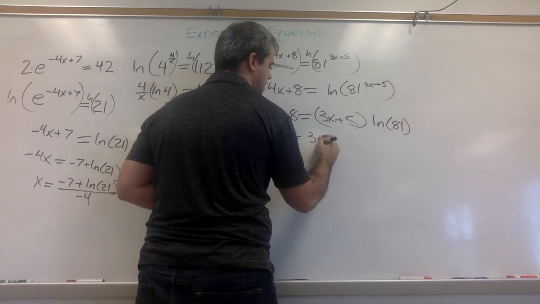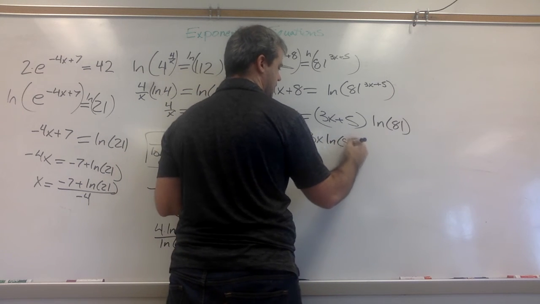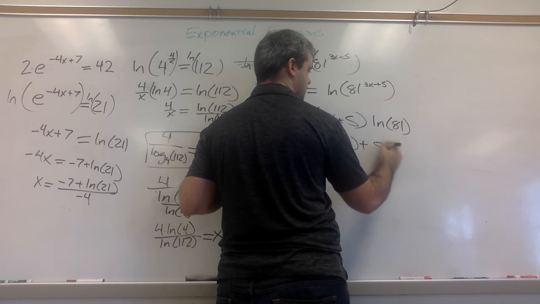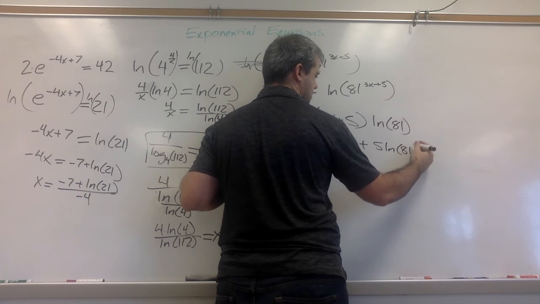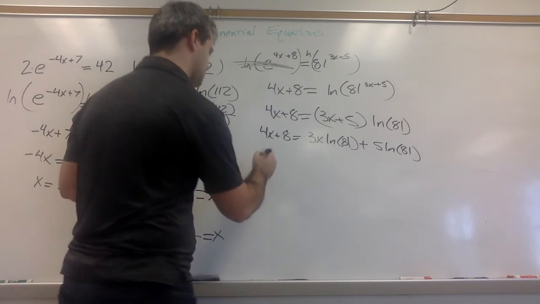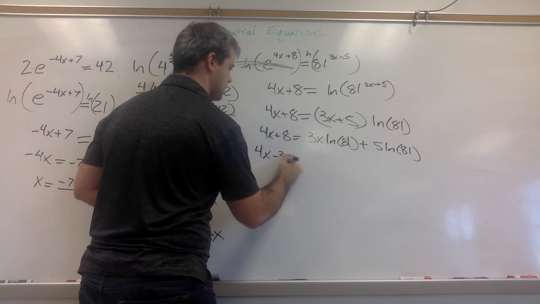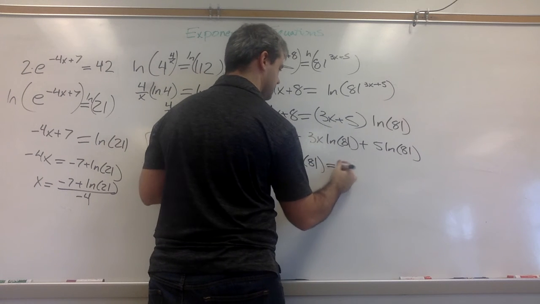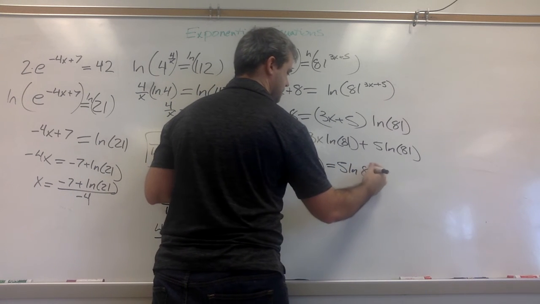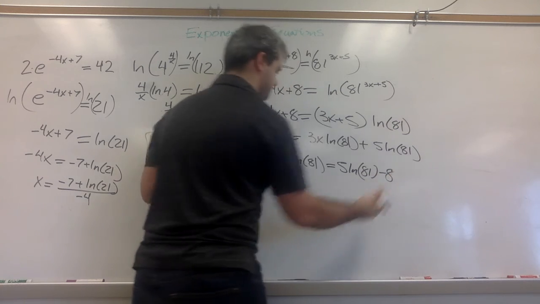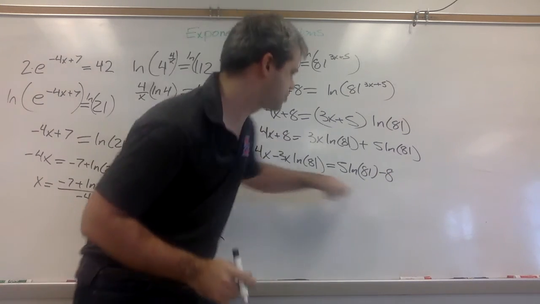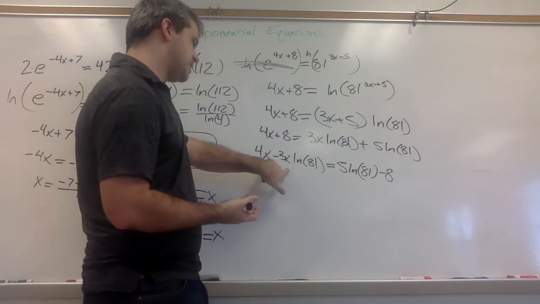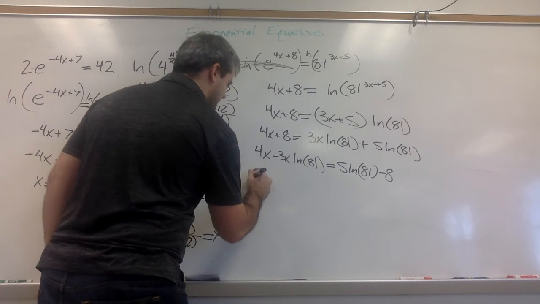So 3x natural log of 81 plus 5 natural log of 81. So I get this on this side, and I move this to the other side. This just moved over here. This just moved over here. Now what I'm going to do, I'm going to factor out my x like I did earlier.